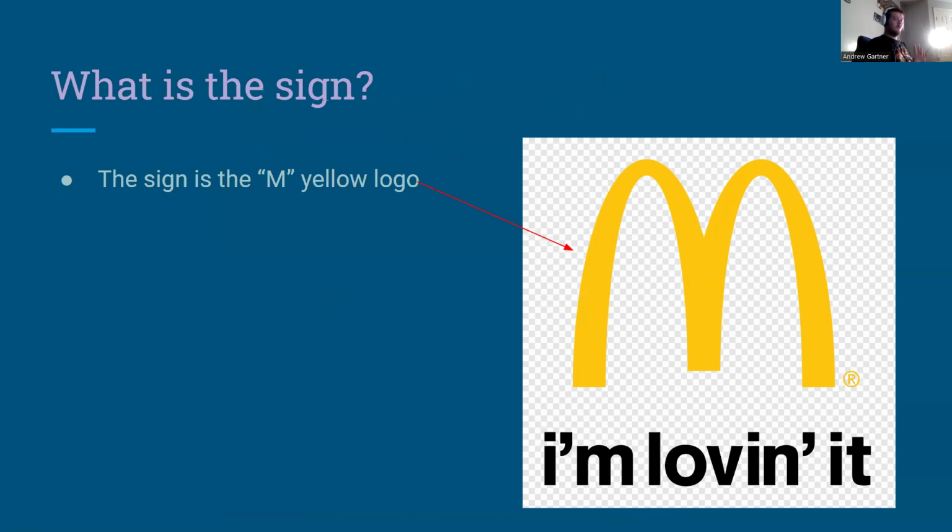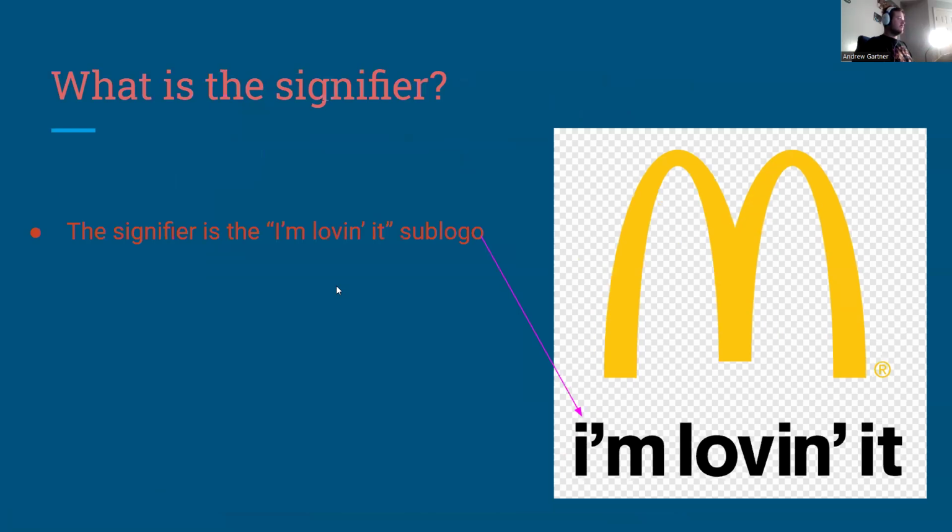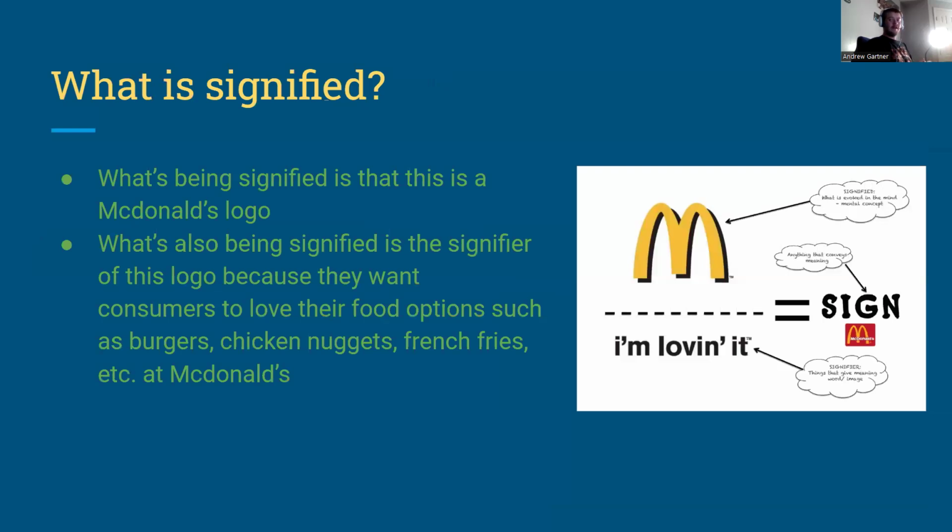But anyways, what is the sign? The sign is a big yellow M logo. And what's the signifier? The signifier is the "I'm loving it" sub logo right below the sign. And what's being signified out of it? Obviously the big yellow M logo is the McDonald's logo.